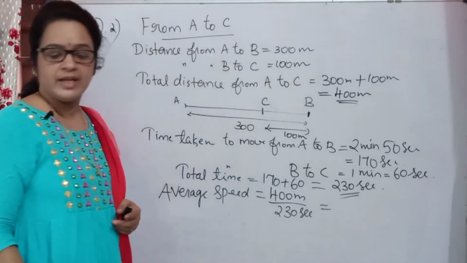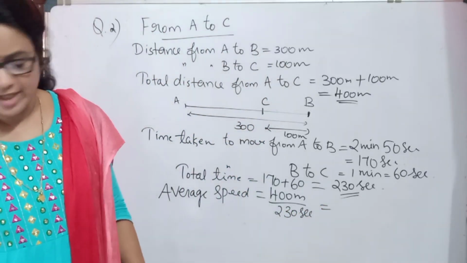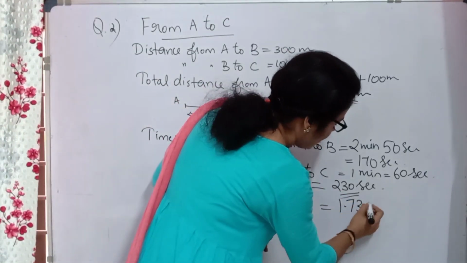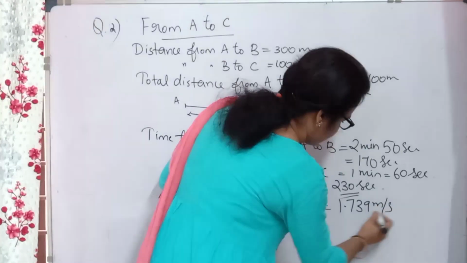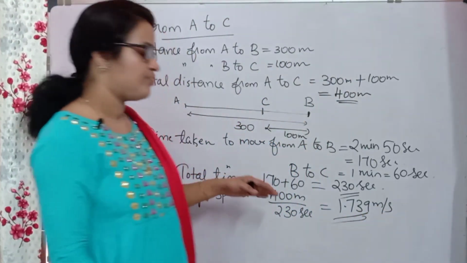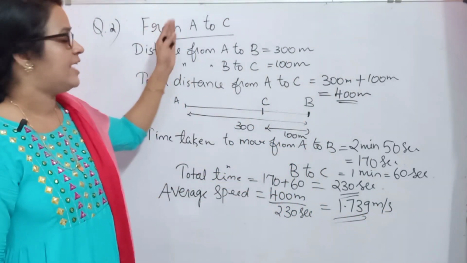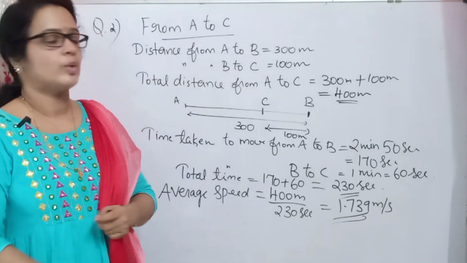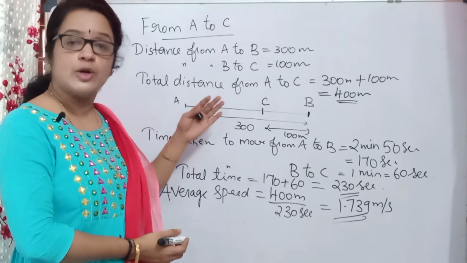So 400 by 230, that is 1.739 meters per second. That is the average speed in the case of A to C.